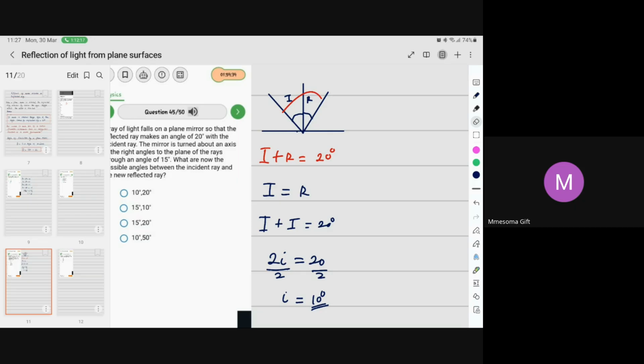And remember that 2i, like to find the normal incident, just one incident, we have 2i, just like we did with the first one. So we can still do 2i equals the sum of 25 times 2, because the new incident angle is 25, that is the sum of 10 and 15.